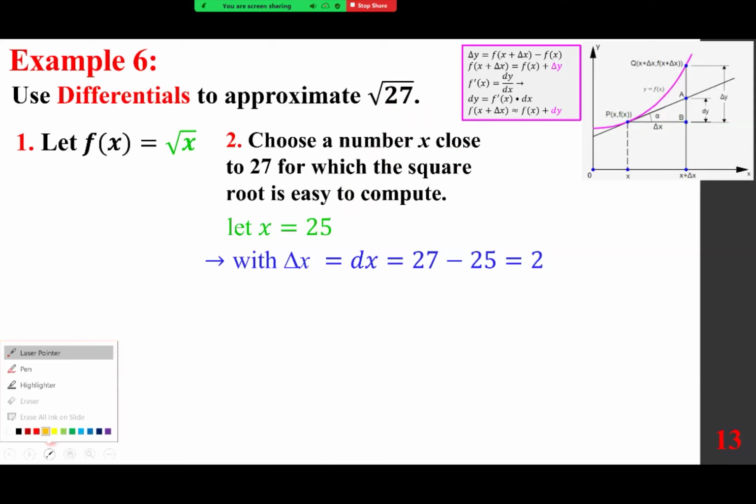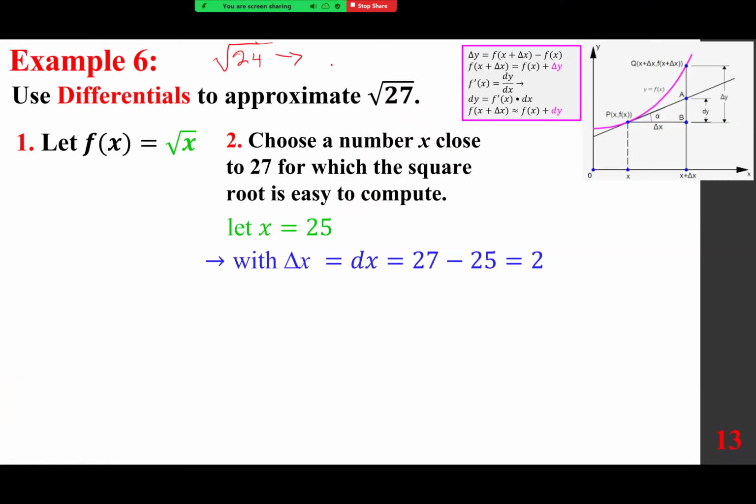On the other hand, if we are interested in finding the square root of 24, we should recognize dx as negative 1, because from 25 we want to go down to 24, and we know the square root of 25 is 5. What is the square root of 24?